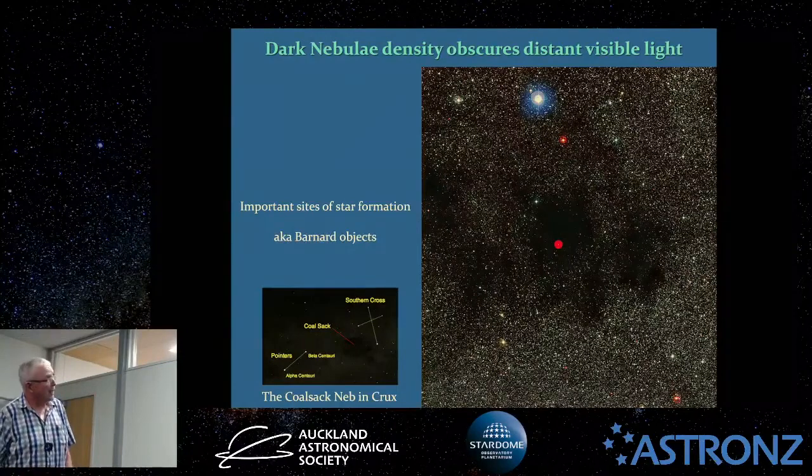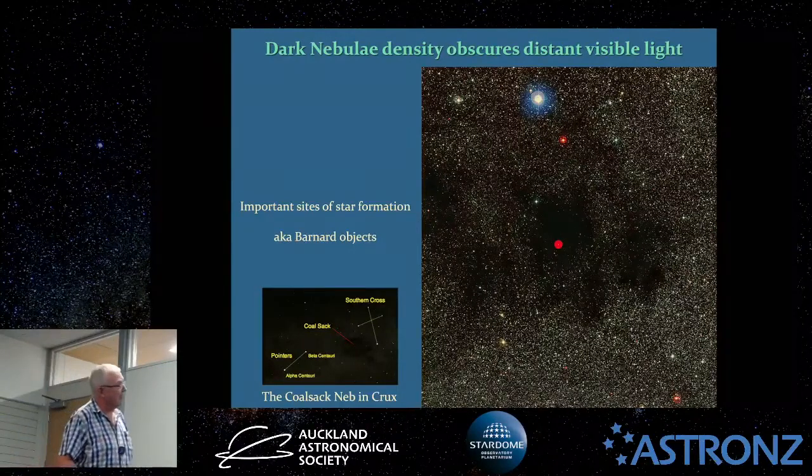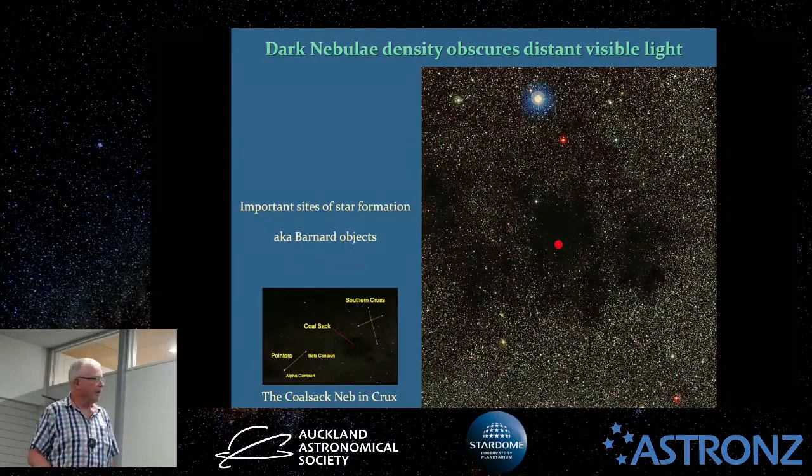An American astronomer called Barnard was the first one to recognise them and started cataloguing them all, so they're also known as Barnard objects. Now, you might think to yourself, oh, that looks interesting, I wonder if there are any of those in our neighbourhood that we can see in our night sky. Absolutely. So here's the Southern Cross, here are your pointers, and in this dark patch right over here, you'll see the Coalsack.